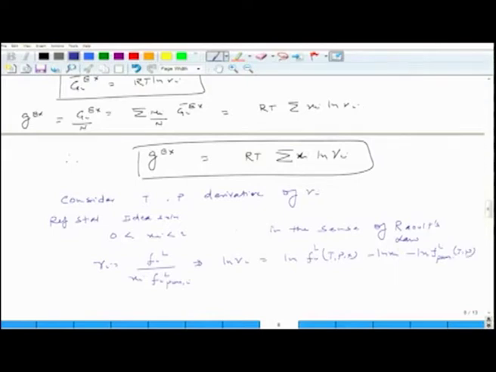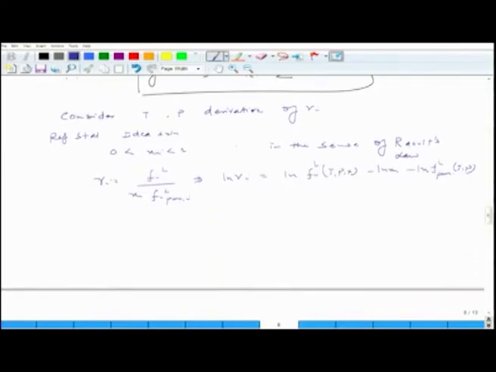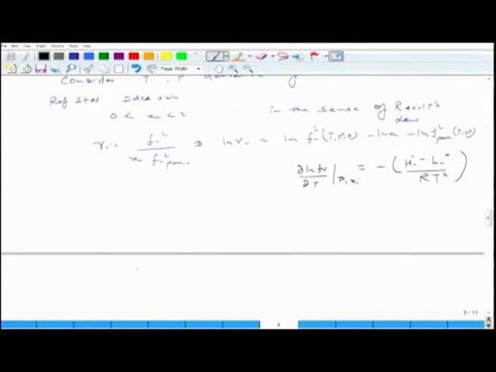Now we know the expressions for the derivative of fugacity. For example, with respect to T at constant P, this is nothing but minus (H_i bar minus H_i^0) by RT squared. So we can use this expression.